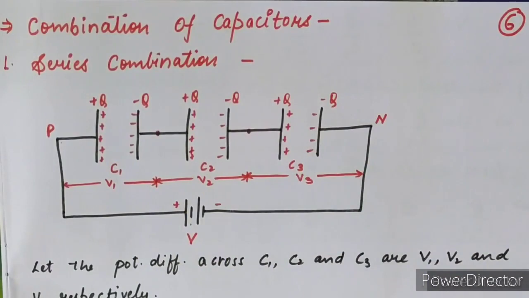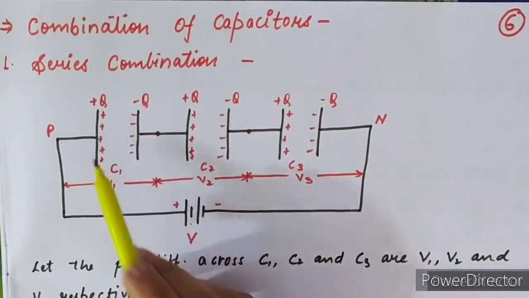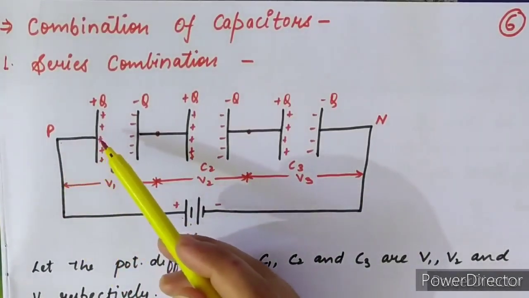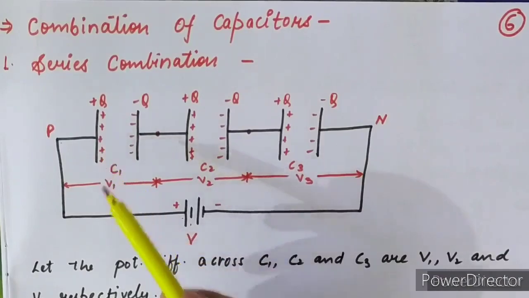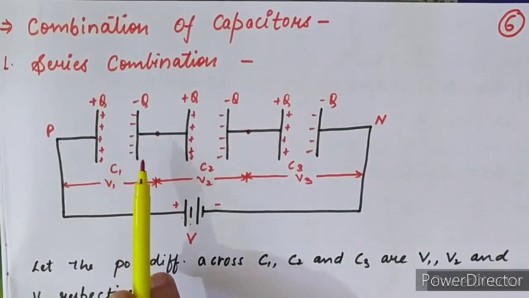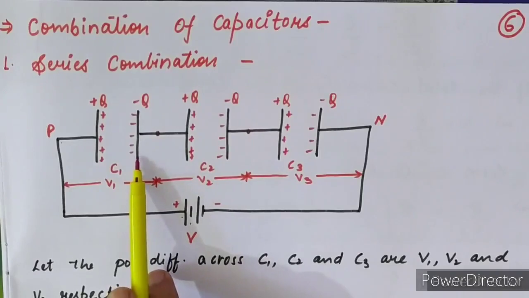Now, to understand how we can evaluate the equivalent capacitance, first of all, let the battery supply a plus Q charge on the first plate of the first capacitor C1. So by electrostatic induction, a minus Q charge appears on the inner face of the second plate of C1.